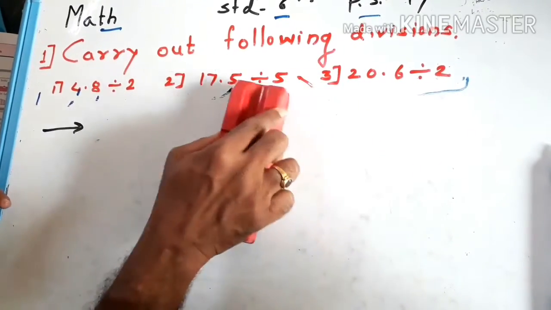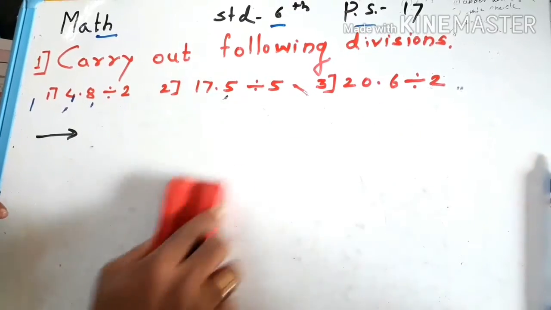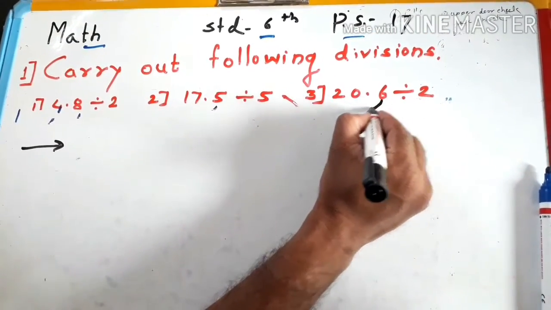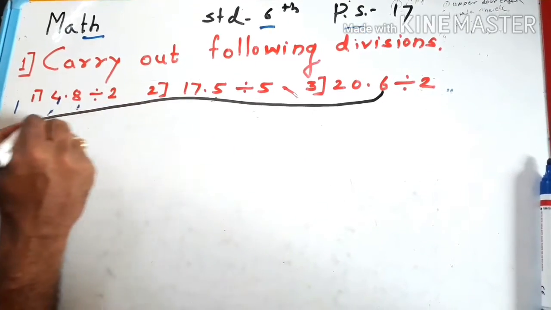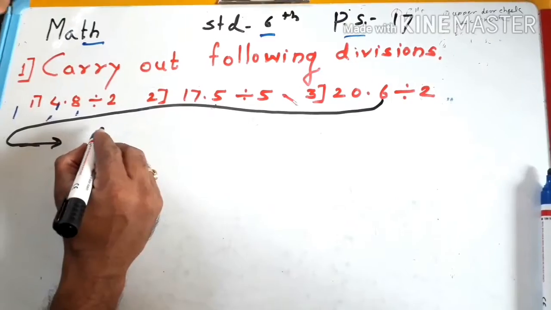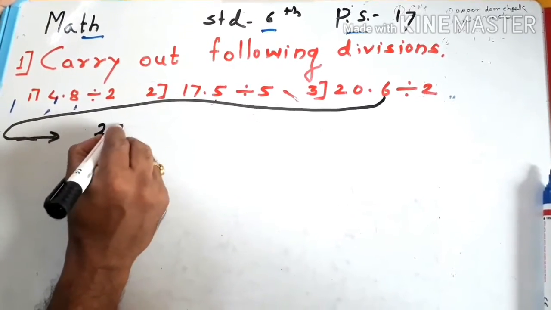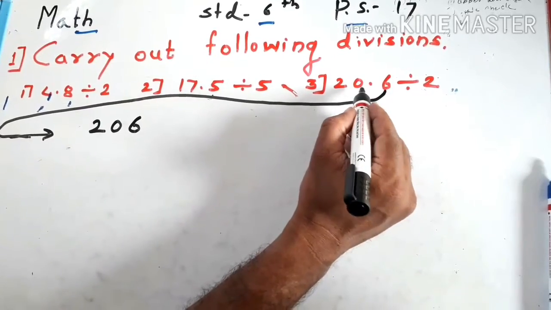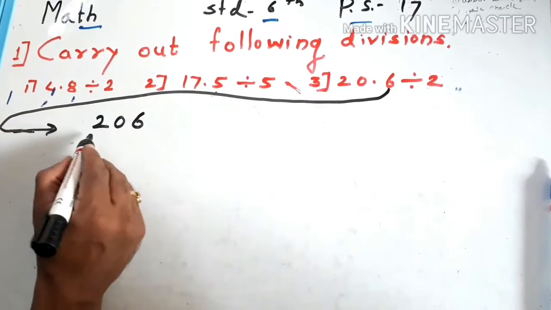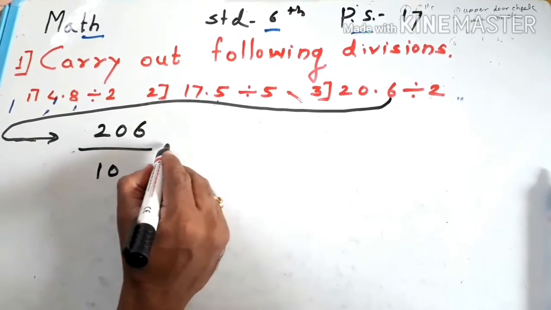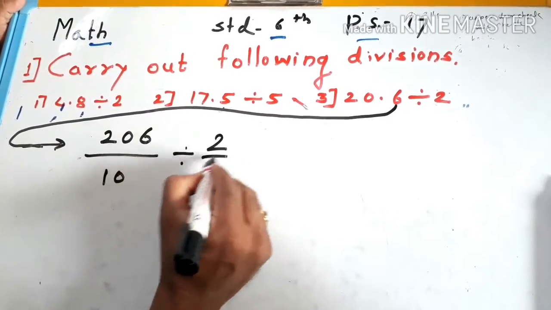Now in the same procedure we can solve the last problem here. So the last problem is this. We can solve this in this way again. Each earlier process is followed here once again. So 20.6 is converted into 206 by 10, value is same, divided by 2 by 1.